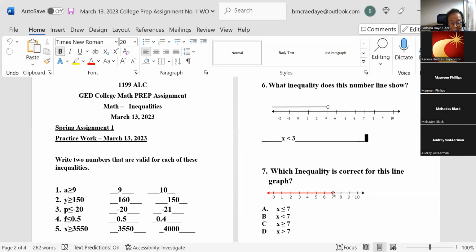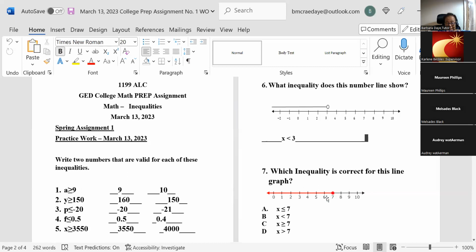So that means it cannot be a less than and it cannot be a greater than. So it can't be B and it can't be D. Follow how you can eliminate those two? Yes, miss, but I made it wrong. Yeah, but do you follow how you can eliminate these two, B and D, just by the shaded dot?